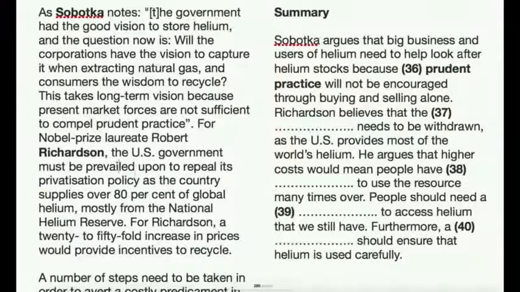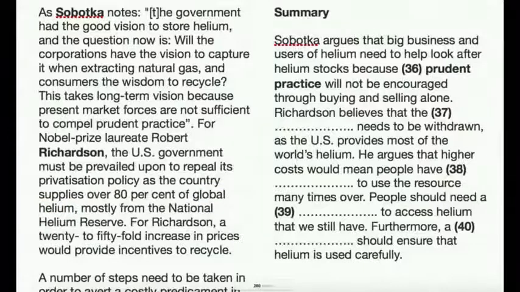The country needs to be withdrawn. We can't withdraw a country, so it's not likely to be that. Global helium. Well, global helium needs to be withdrawn as the US provides most of the world's helium. Well, world's helium, global helium, they mean the same thing, so it's unlikely to be that.